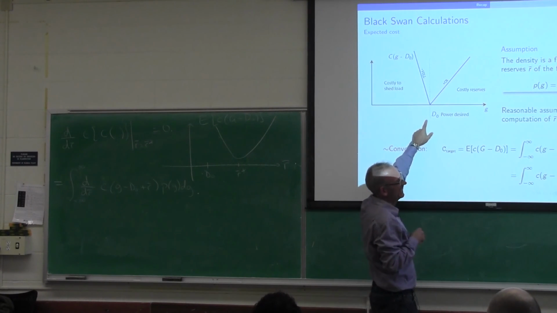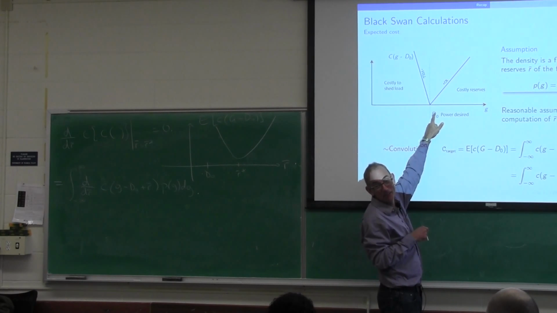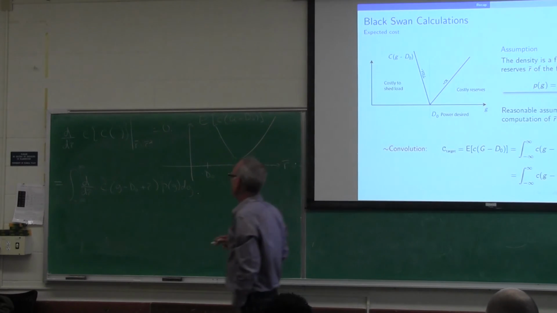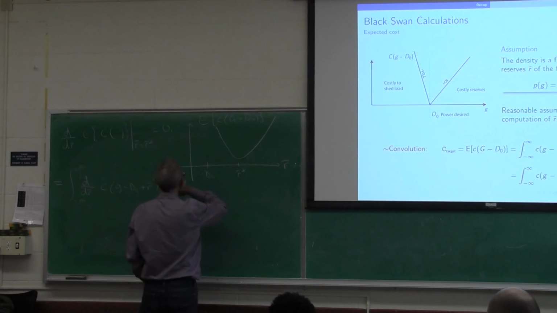Anyway, so C of 0 equals 0, right? Good. So it's when this is equal to 0 that things change.